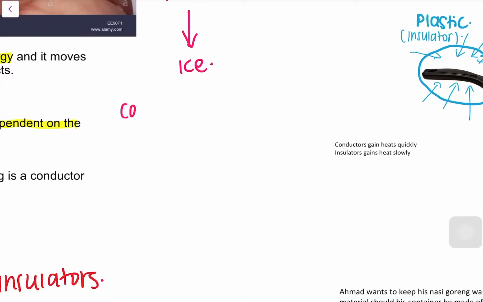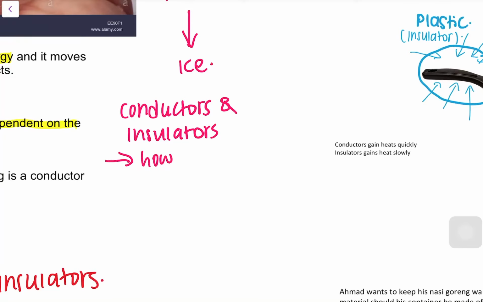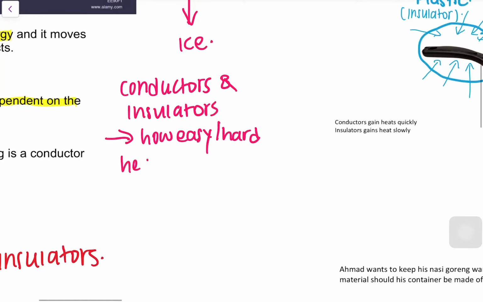So when we are talking about conductors and insulators, we are actually referring to how easy or hard heat can pass through a material. All right.